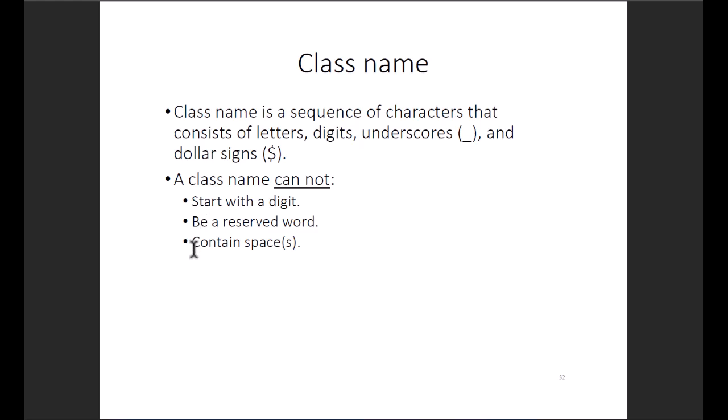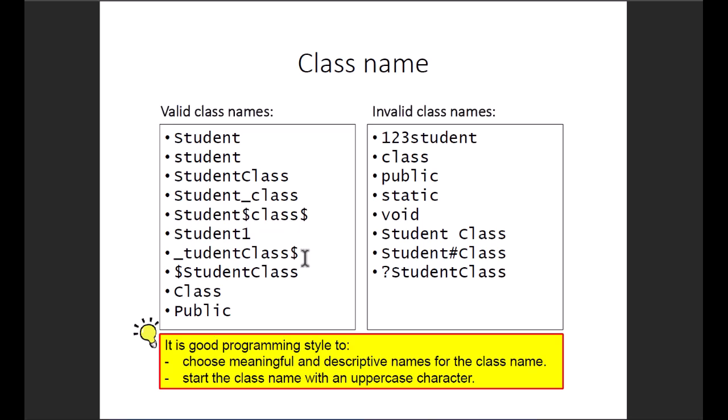Now this same thing applies to variables, which we will see in meeting 2. Let me take examples. I will start with the invalid. You see, 1 to 3 student. True, you are allowed to use 1 to 3, but you are not allowed to start with a number. You see, this is the mistake.